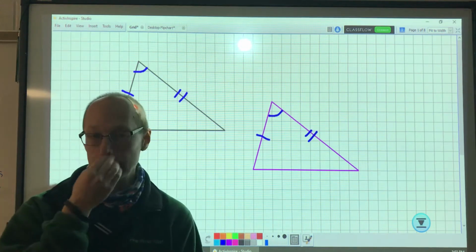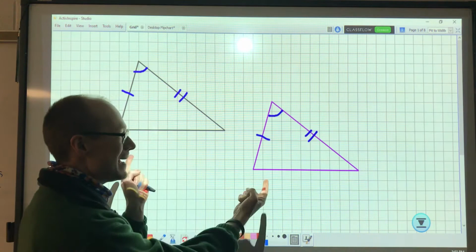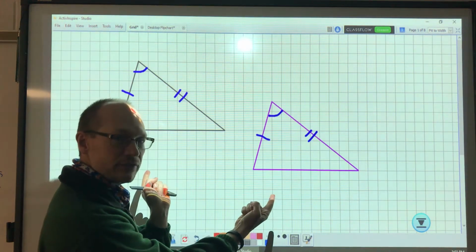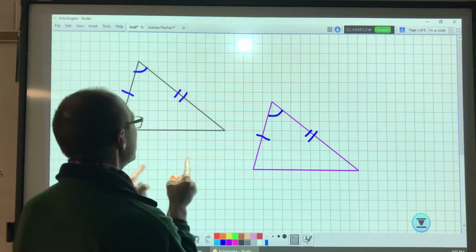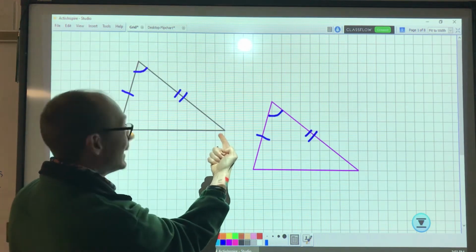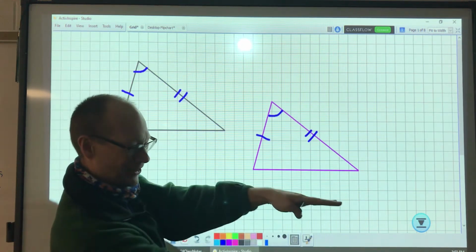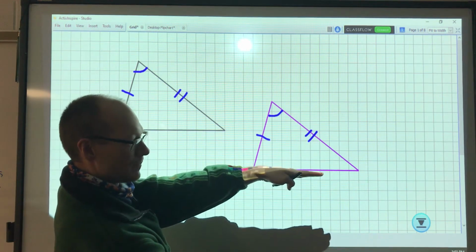And what I want you to do is try in your mind to make these triangles different if you can. Realizing that these two sides are fixed in length with that specific angle, kind of like if you have a short arm and a long arm with a particular angle.